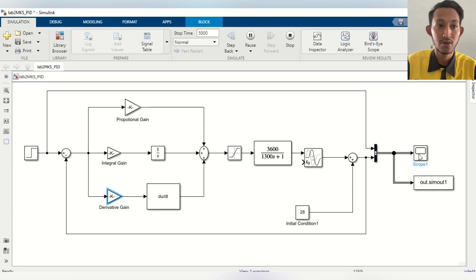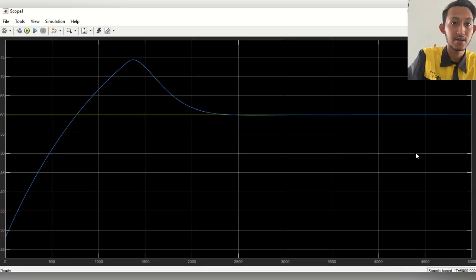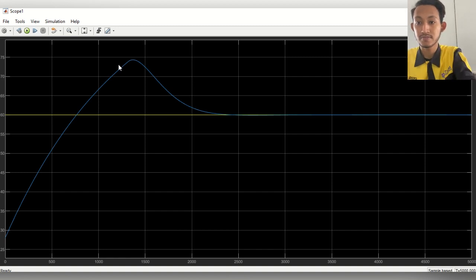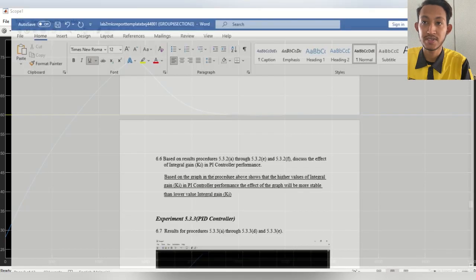So the settling time here is 2400, and for the overshoot percentage, we use Cmax 74 minus 65, divided by 65, and then times 100, and we get 13.846%.